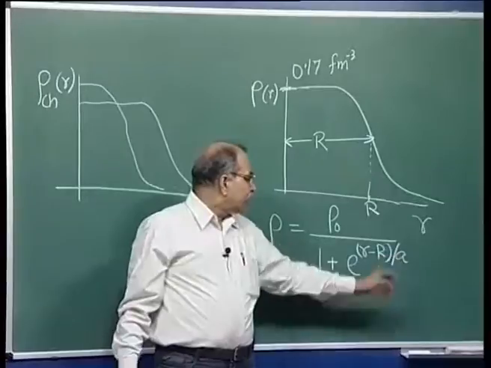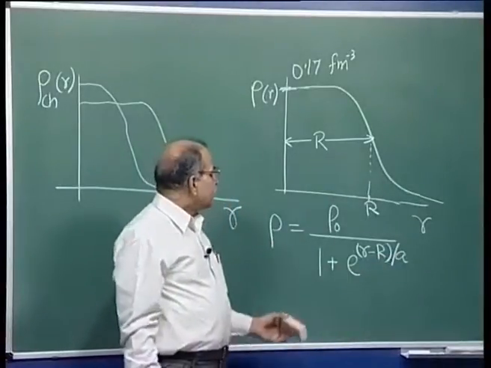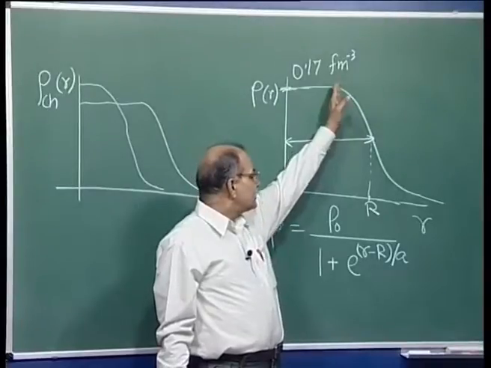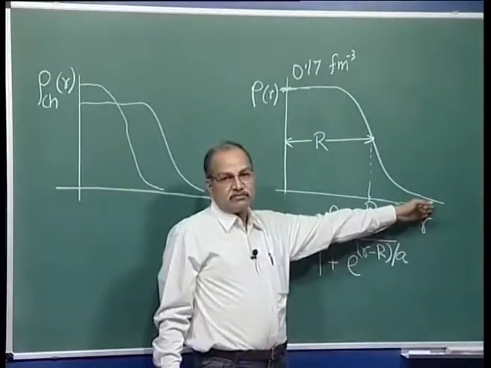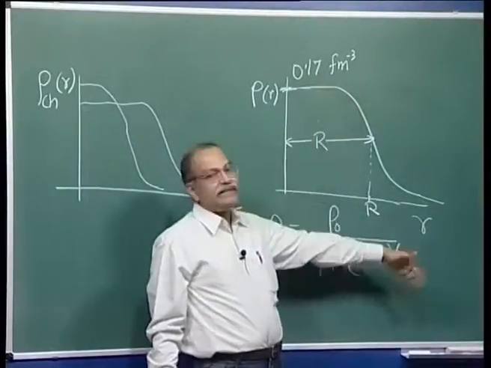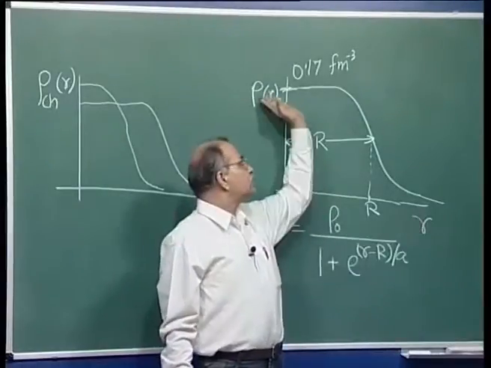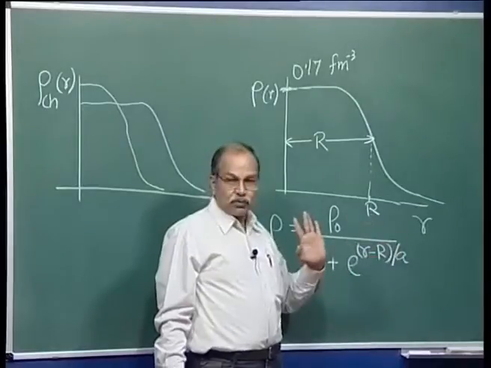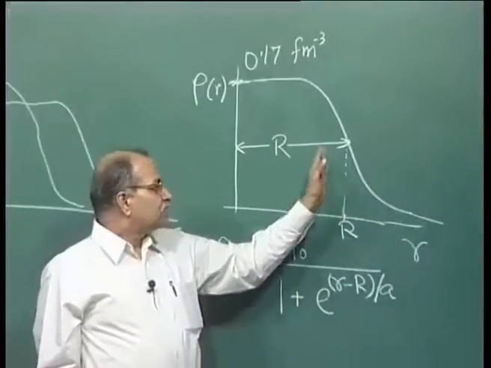Then what is this small a? Small a is how fast the density decreases from the highest value to almost negligible values, how steeply it falls. If it just went straight to 0, then a would be 0, but that is not the case.